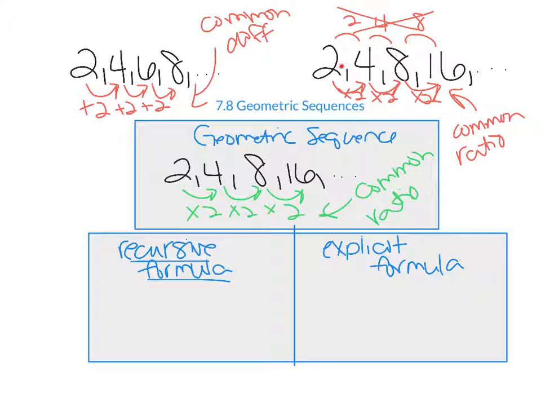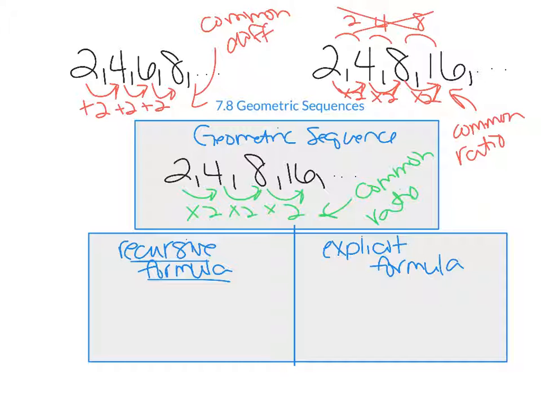So if 2 is the first term, 4 is the second term, 8 is the third term, 16 is the fourth term. Well, if I want to know the fourth term, I'm going to take the third term and multiply it by 2, there we go. If I want to know the 10th term, I'm going to take the 9th term and multiply it by 2, and there we go. So the recursive formula is pretty straightforward, but it's not really all that useful because if I don't know the term before the term I'm looking for, it doesn't really help me out that much.